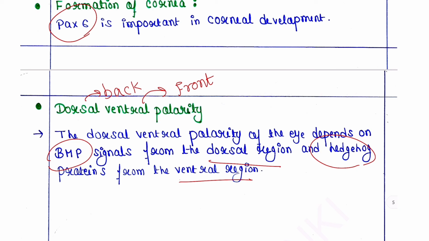From the dorsal region of the eye, BMP signal will come, and the ventral region of the eye will depend on Hedgehog protein. These two proteins will establish the dorsal-ventral polarity in the eye. That is all about the molecular induction in eye development.